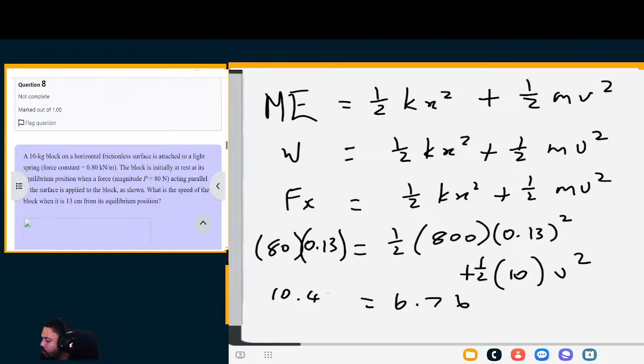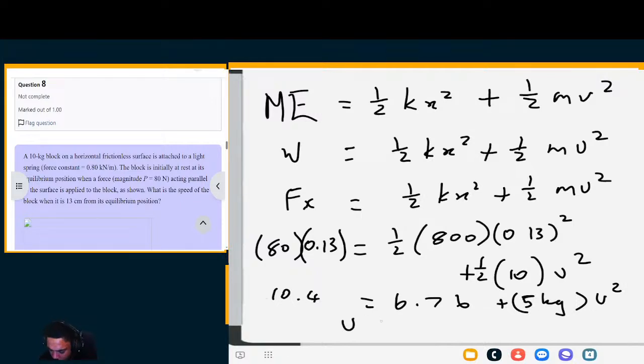Of course, this is in newtons per meter. If you were to put the units in, plus 5 kilograms, because a half times 10 is 5, multiplied by v squared. You can now solve for v. Subtract 6.76 from 10.4 and divide it by 5.